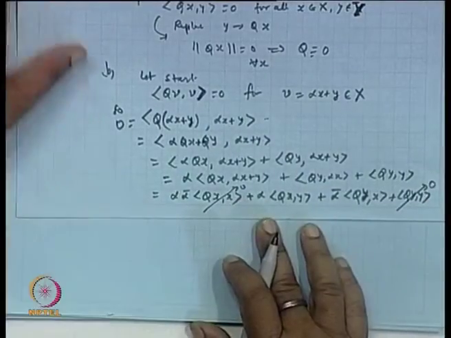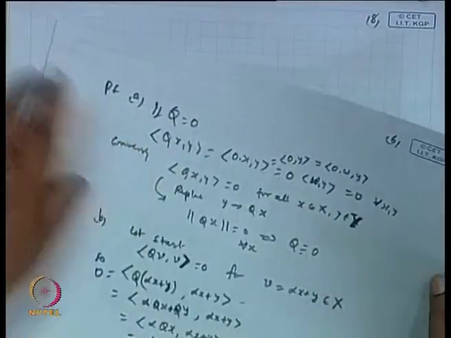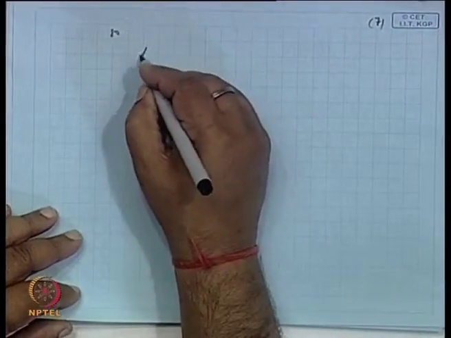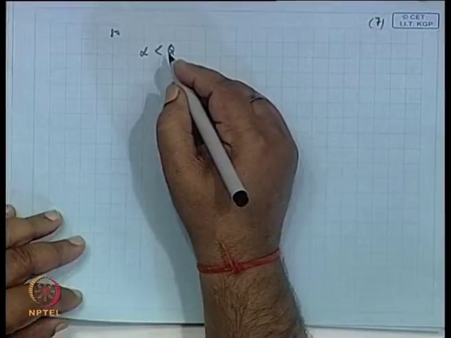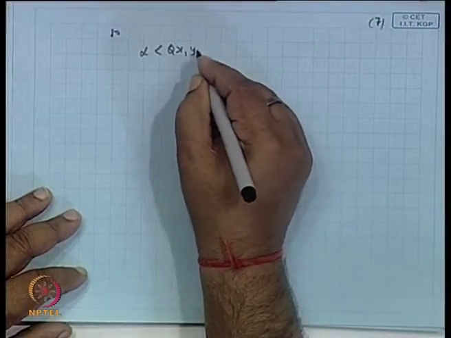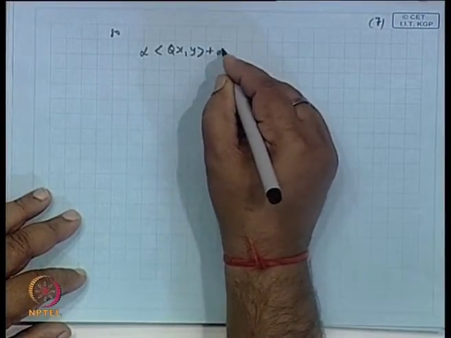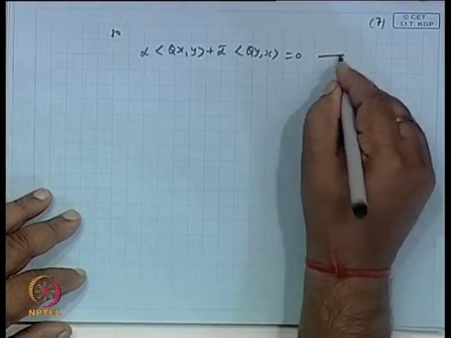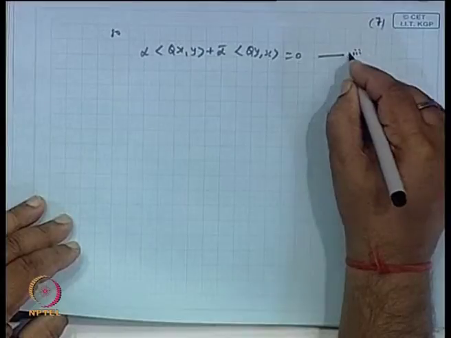So, what is left is alpha times the inner product of Qx comma y plus alpha conjugate times the inner product of Qy comma x, which is 0. Let it be third.